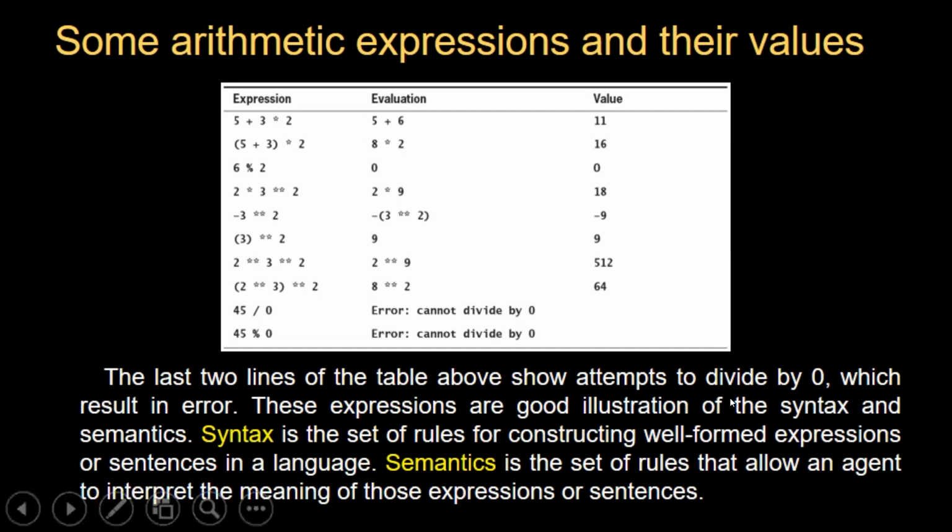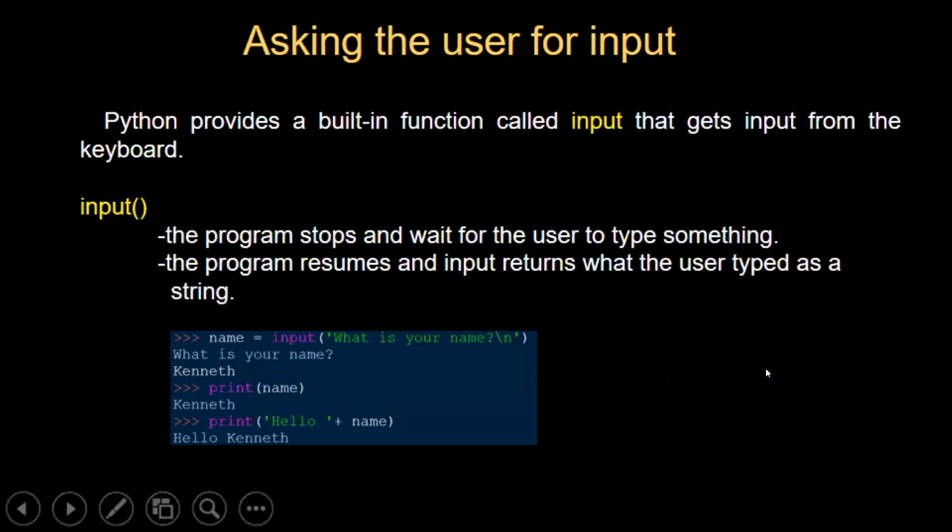So let's go back to our code from earlier, the story code, asking the user for input. What do you want to input? Python provides a built-in function called input, followed by open and close parentheses, that gets input from the keyboard.